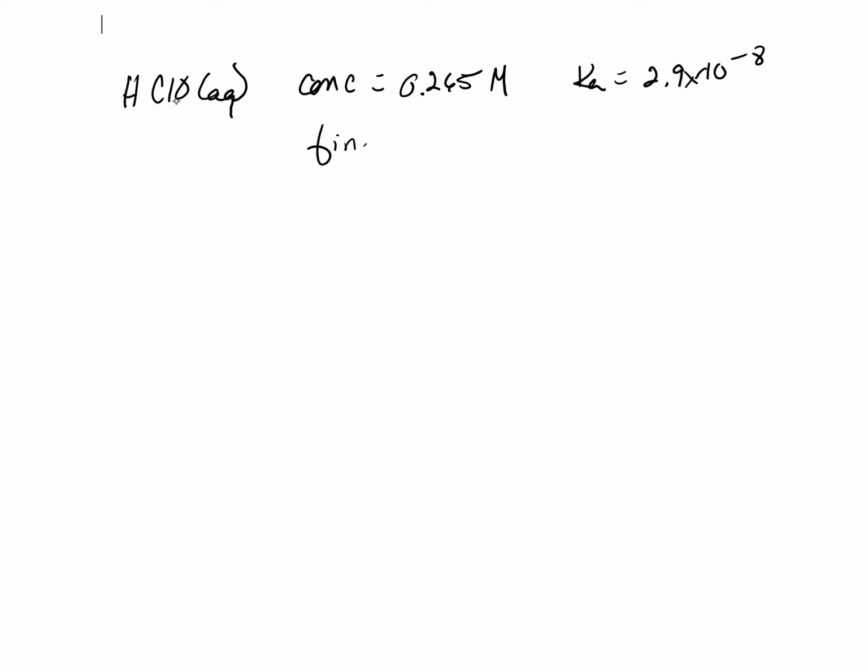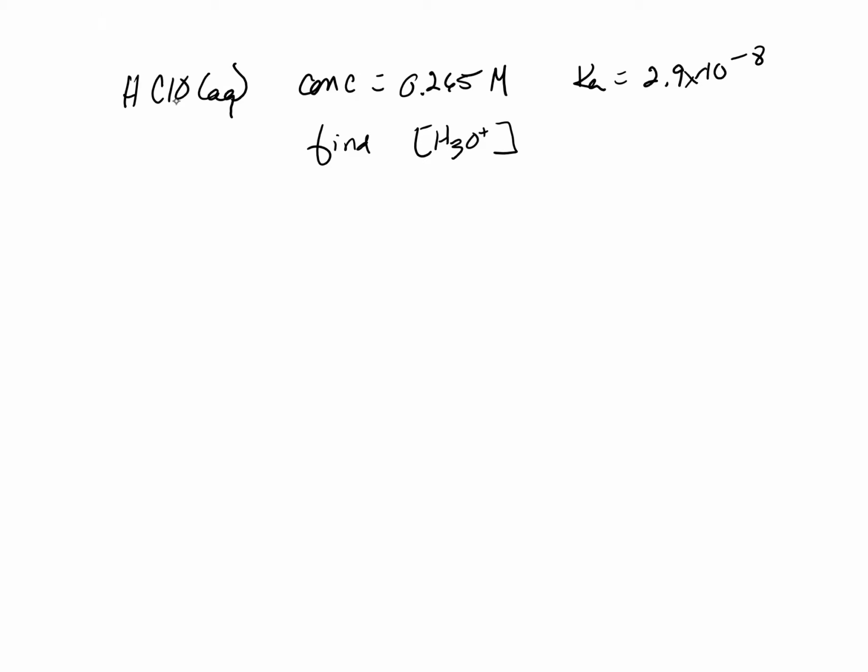So what we have is this weak acid at a concentration of 0.265 moles per liter and a Ka of 2.9 times 10 to the minus 8th. And what we want to do is find the concentration of hydronium, or free protons, in solution.